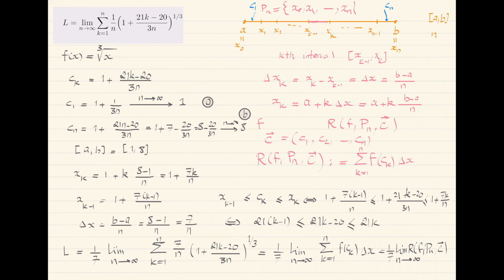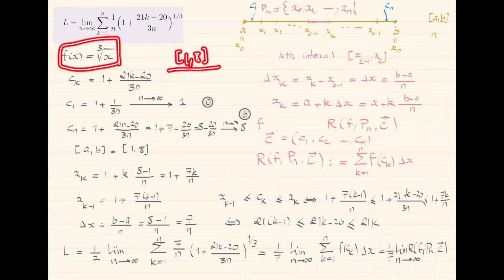And how can I guarantee this? I go to this function and this interval from a to b, which is here from 1 to 8, and I say, and this is indeed necessary in the exam, that because this function is continuous on this closed interval, based on the theorem we had in the course, it is guaranteed to be integrable.